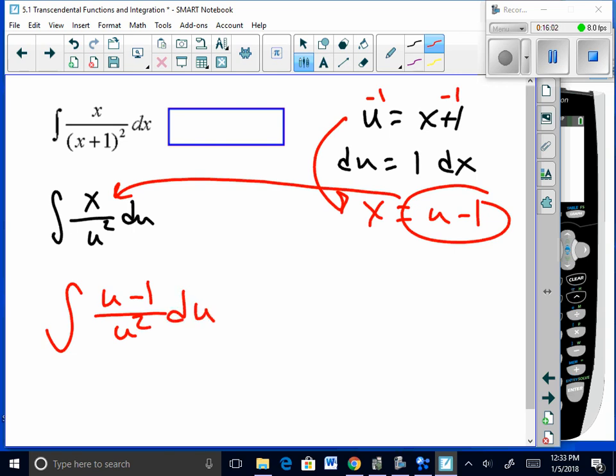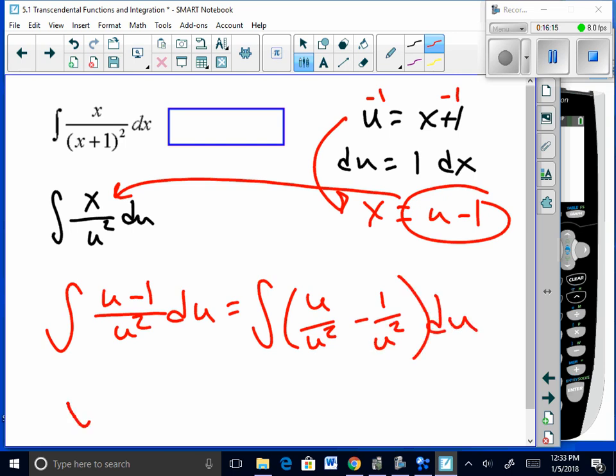Okay, and then from here, I would just simplify that, break that into two separate fractions. So then I get u over u squared minus 1 over u squared du. Okay, so that first fraction, u over u squared, is the same as 1 over u. And we now know what that antiderivative should be, because that's in the format u prime over u, because the derivative of u would be 1.